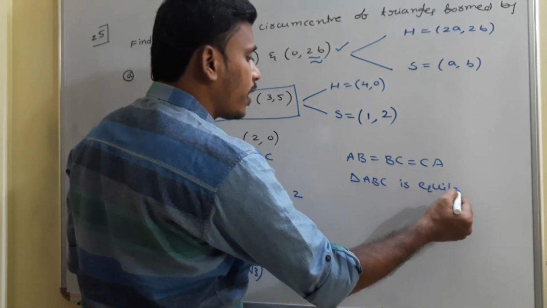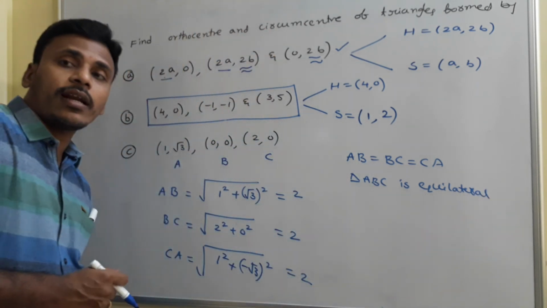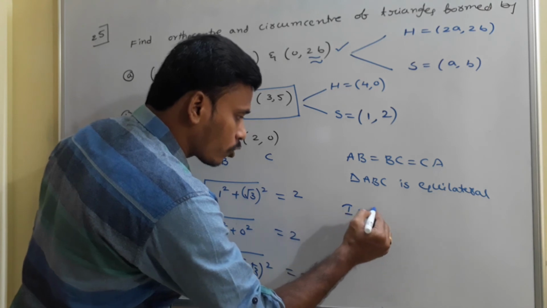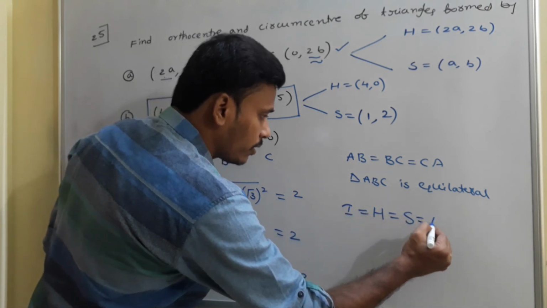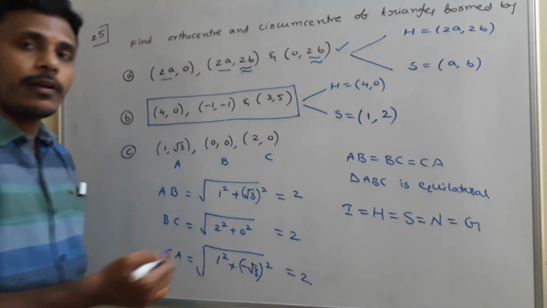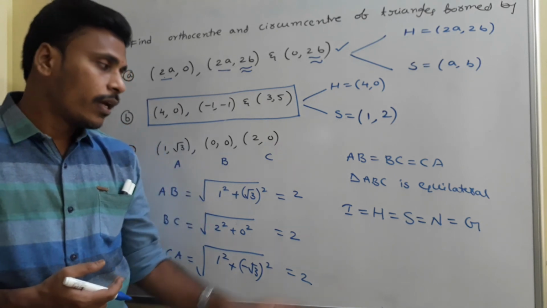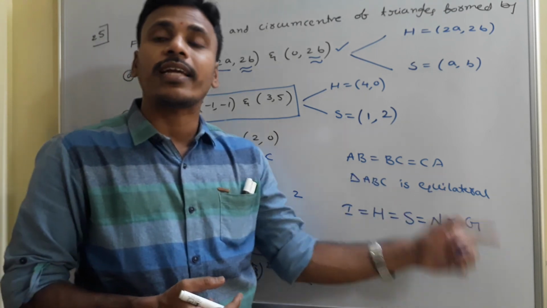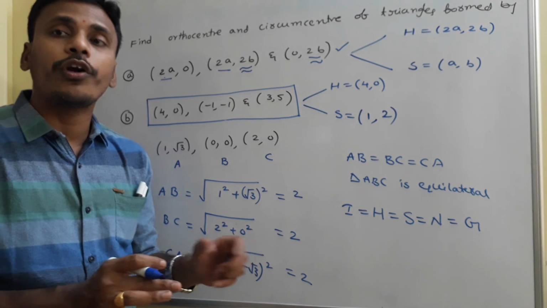And since triangle ABC is equilateral, in an equilateral triangle, incenter is equal to orthocenter is equal to circumcenter is equal to nine-point center is equal to centroid. In an equilateral triangle, all those points are coincident. Incenter, orthocenter, circumcenter, nine-point center, centroid, all these points are coincident.